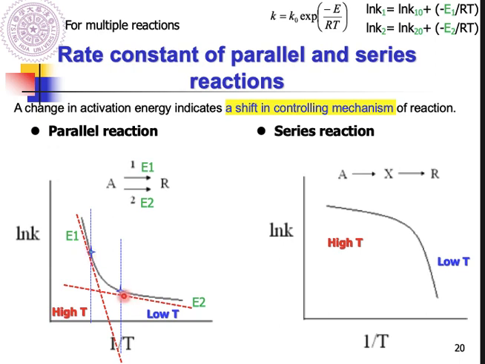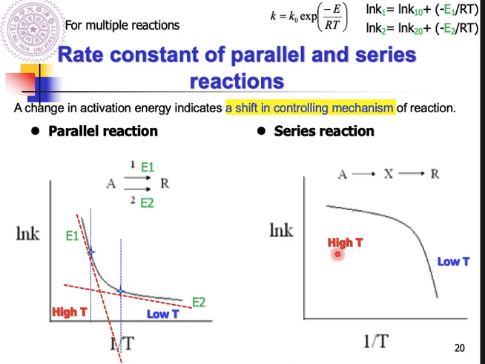The faster one always dominates. So, since the faster reaction always dominates, the reaction would be a parallel reaction. For a parallel reaction, for example, A will generate R, and always the faster one dominates the reaction, how fast or how slow it is.